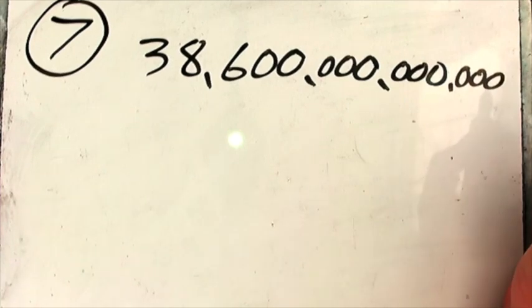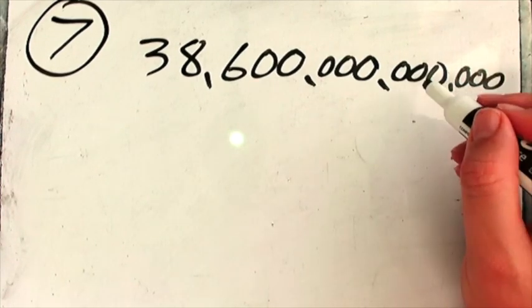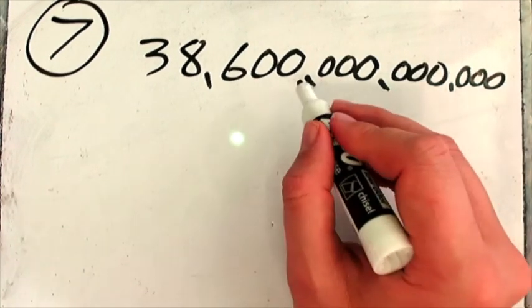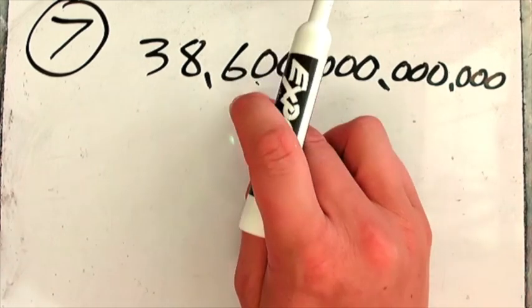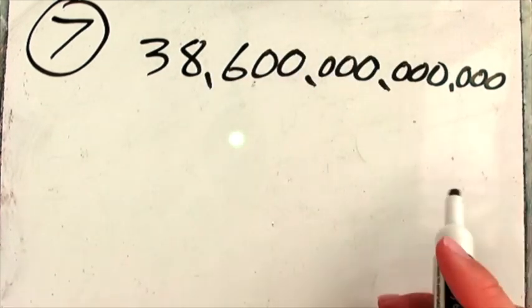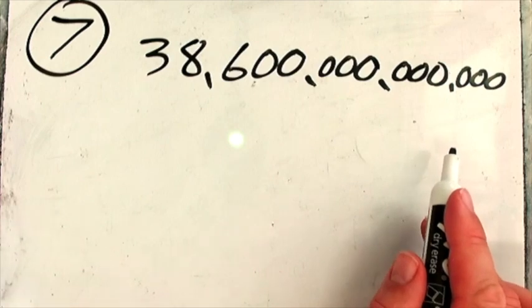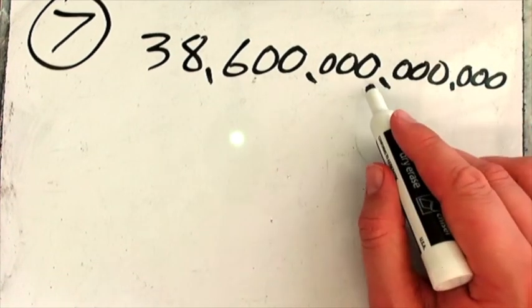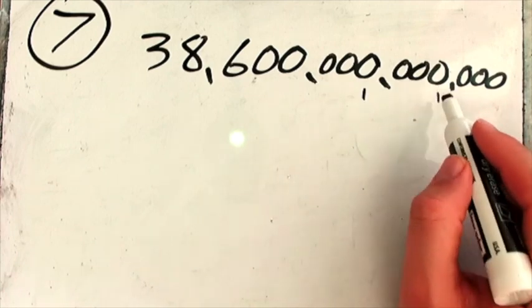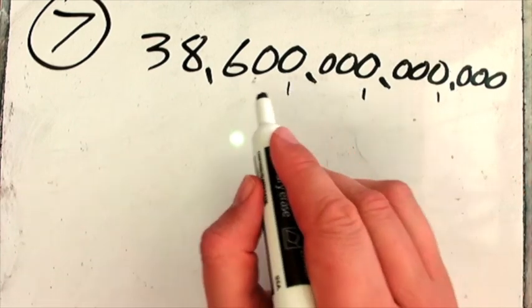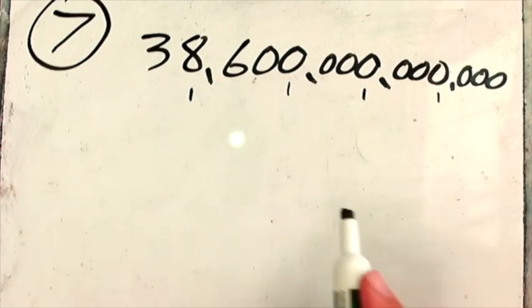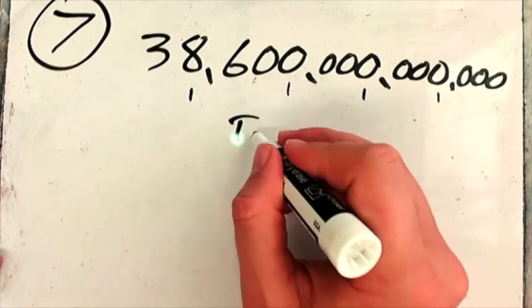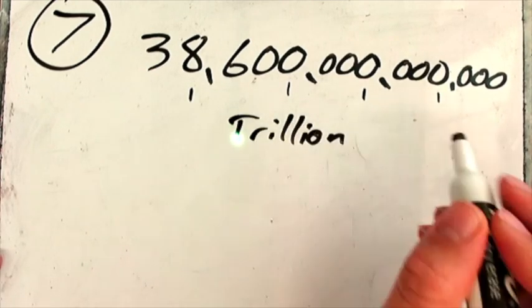So I got 3, 6, 9, 10, 11 zeros, and those are just commas there to show. How would I read that number first of all? Well, this is like 1,000. That would be a million. That's a billion. This is a trillion. This is 38 trillion. That's how we would think about that.